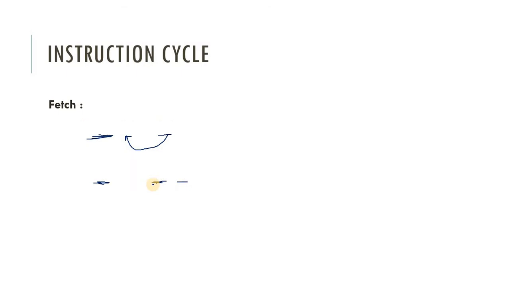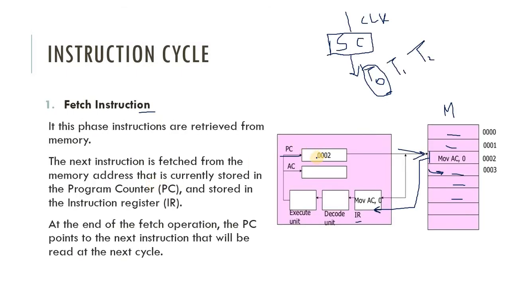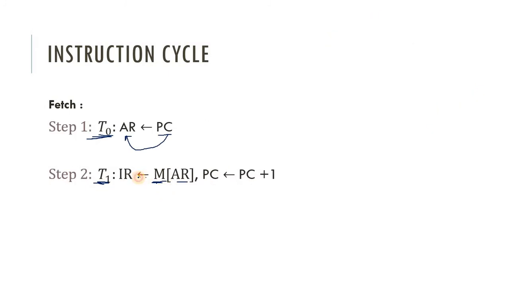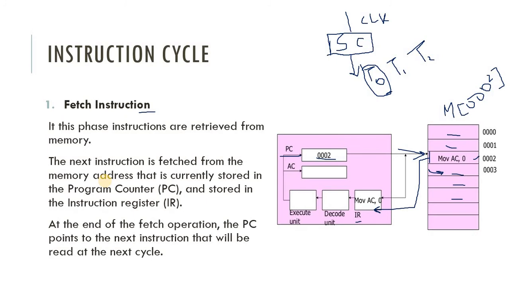Suppose the address register's value is 002. Then M[AR] becomes M[002]. M[002] contains this instruction and this is stored into the instruction register.